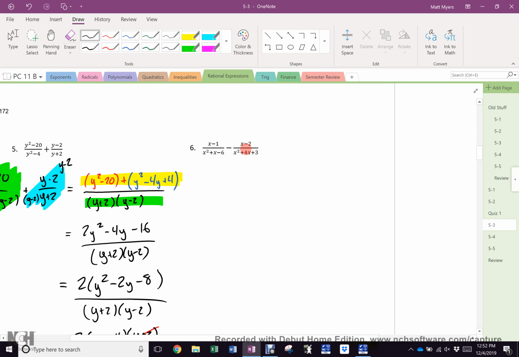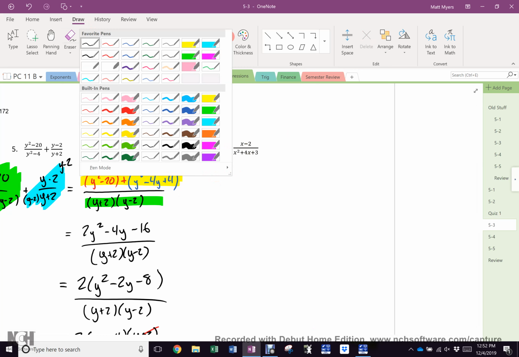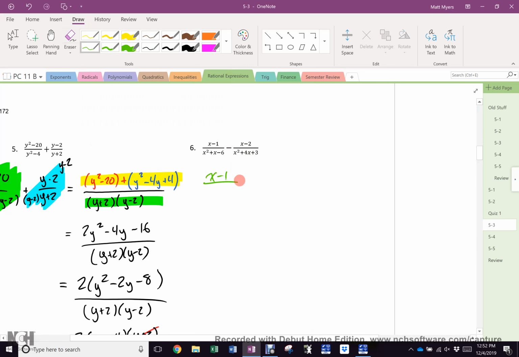What should I do? I should simplify first, yes? Okay. I'm going to change color completely. What's that? Yes? Okay. What is my LCD now?